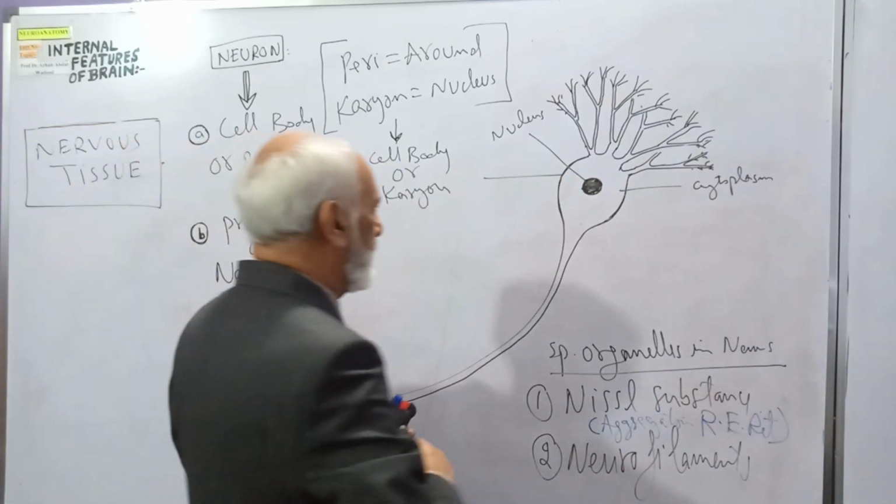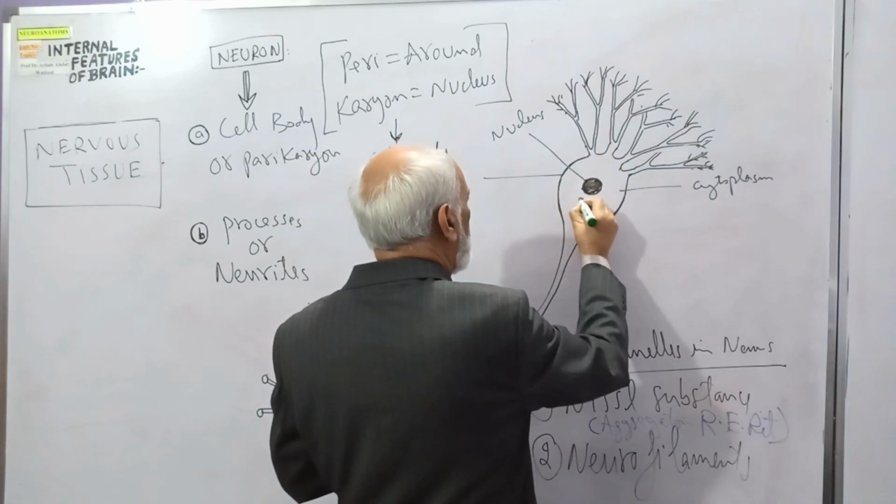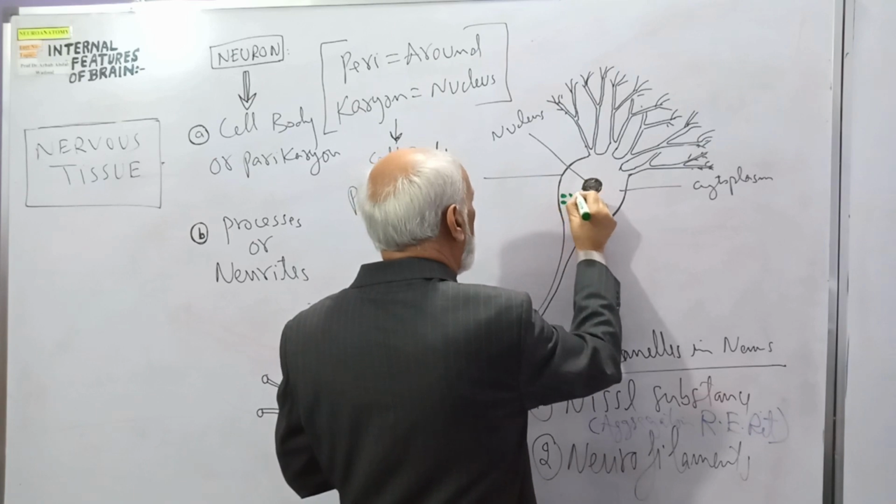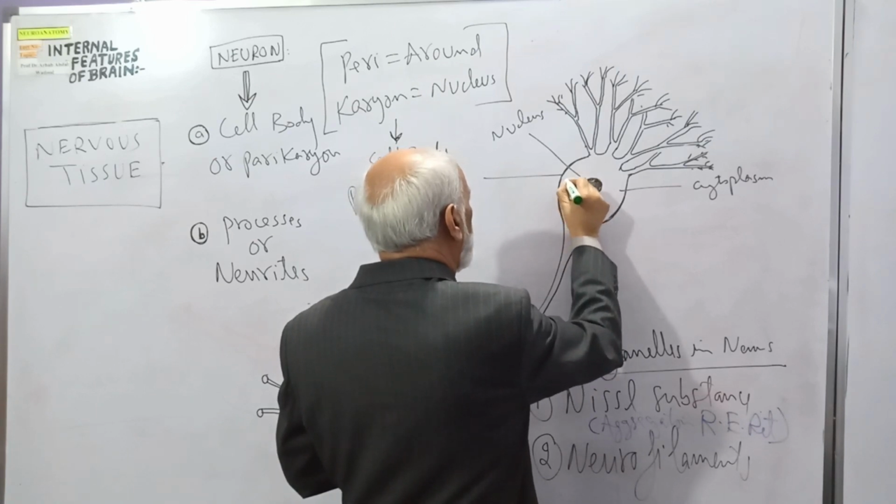Now, nissl substance is present in the proximal part of the cell body of a neuron, absent in the distal part.